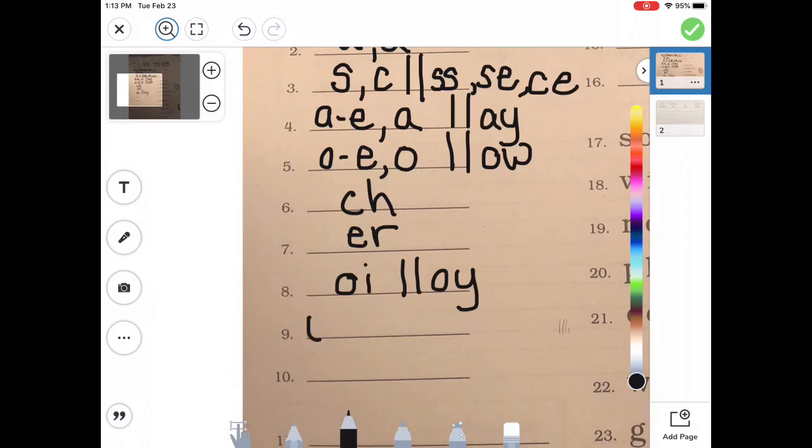U. U consonant E or U, and then ending, remember our new ending? UE, like in blue or glue. Okay, and then shun. If I want to make the shun sound, I'm going to use TION, that final syllable. Good job.